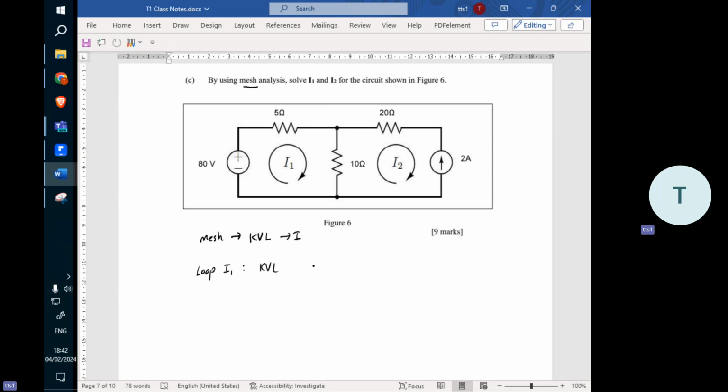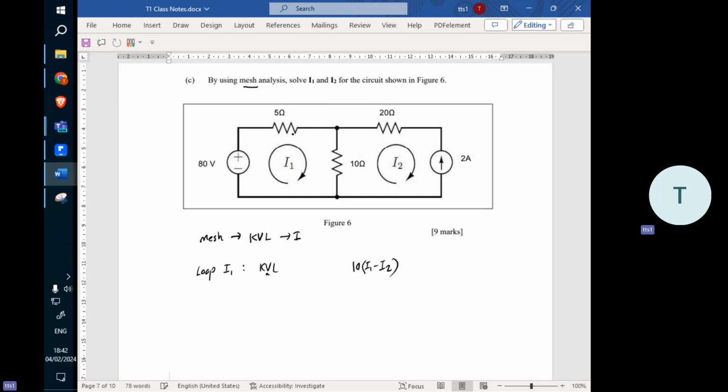Let me give you some more tips. The first equation you find is easy, right? But you have this resistor in between these two loops, between I1 and I2. So I can tell you that one of the voltages is 10 times I1 minus I2.